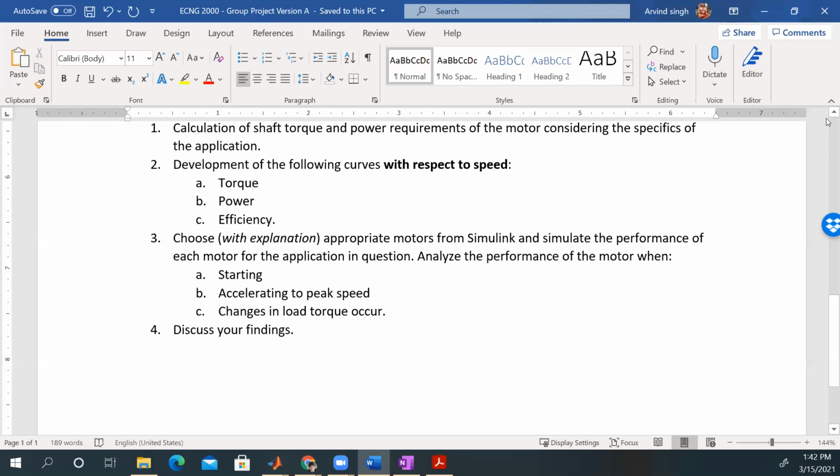It is just to pick an appropriately sized motor from the library, and then analyze performance. You're going to run some simulations, see how the motor behaves starting and going up to peak speed, and then if it's operating and you have some change in the load torque, look at what happens and discuss the results and so on.